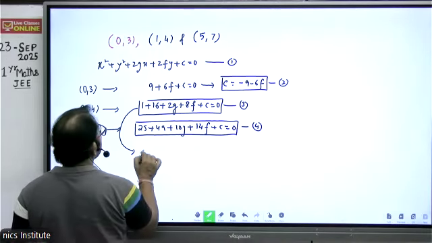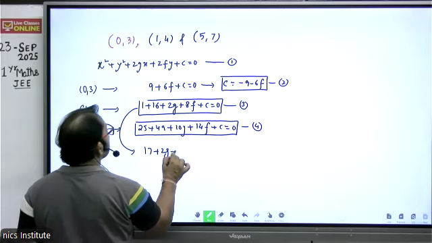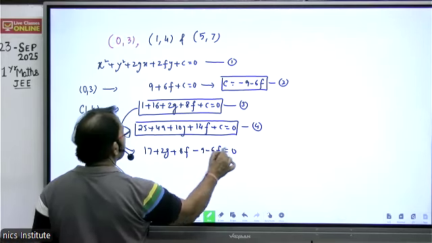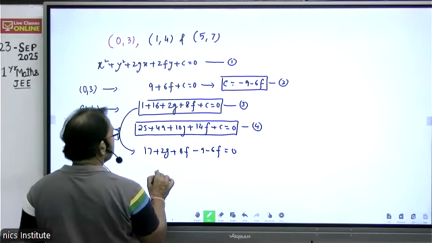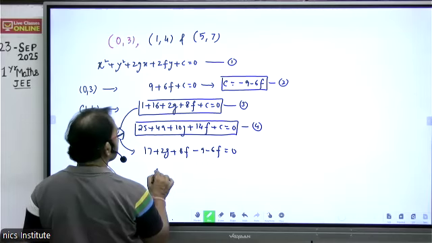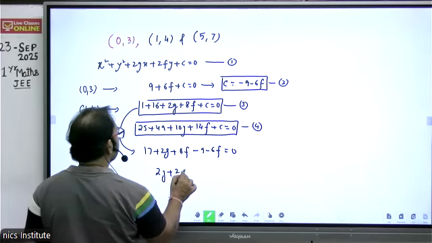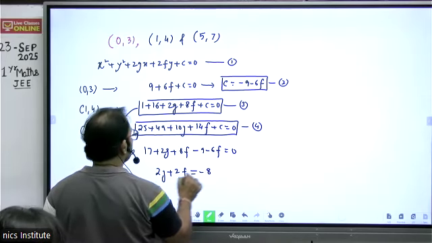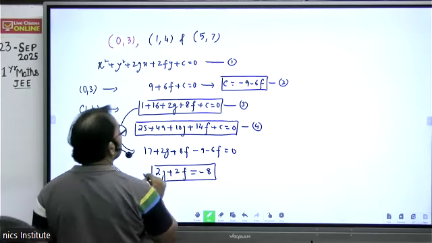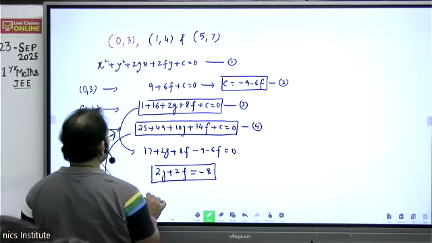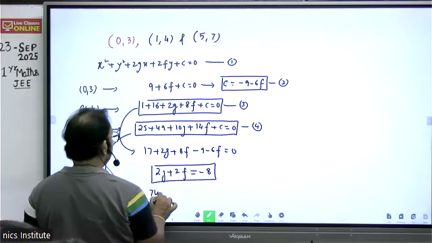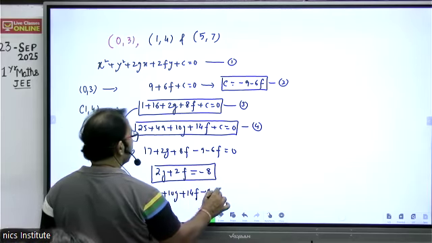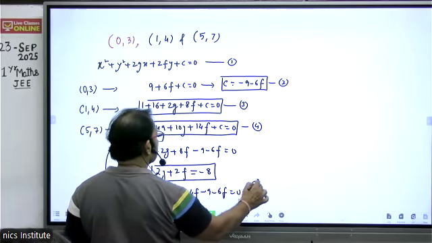When you substitute C, it'll be 17 plus 2G plus 8F. C is minus 9 minus 6F. 2G plus 2F equal to minus 8। और इसमें सब्स्टिट्यूट किया तो 74 plus 10G plus 14F minus 9 minus 6F equals to 0.